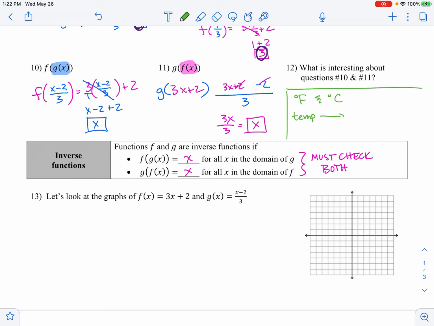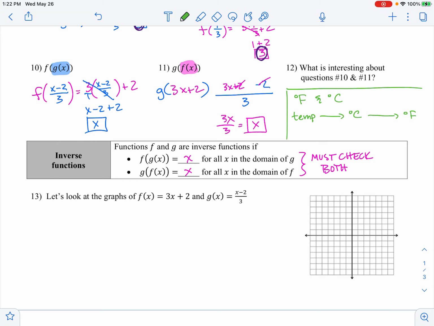I convert that temperature to Celsius with a formula, and then I send it to my friend in Canada, and then they send it to their friend who is in the US, and that person converts back to degrees Fahrenheit. Well, I hope the temperature stayed the same. I hope that it didn't change in the conversions, because then somebody's doing something wrong.